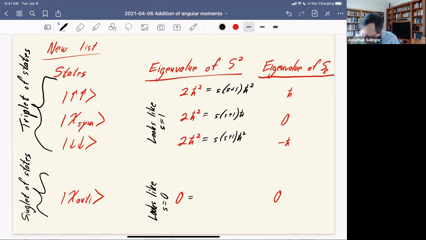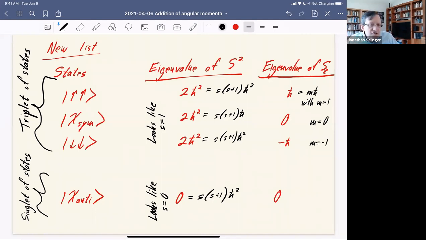Because this 0 is S times S plus 1 times H bar squared with S equals 0. And then for the eigenvalue of SZ, this is MH bar with M equals 1. Here it's M equals 0. Here it's M equals minus 1.